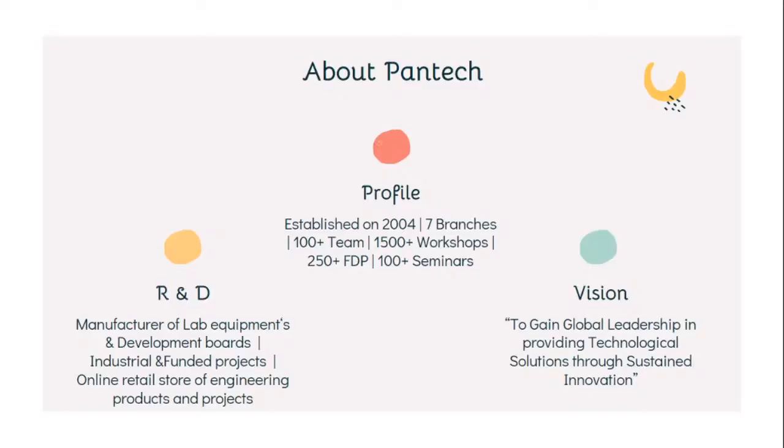We are also an online retail store for engineering products as well as projects. Projects include every level of industry-based projects as well as normal engineering projects, and our vision is to gain global leadership in providing technological solutions through sustained innovation.